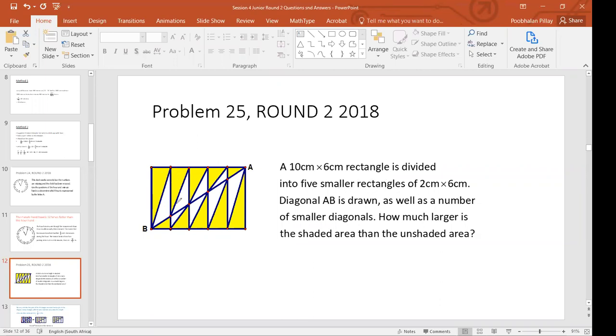Okay, you can see here it is, all the divisions along the length, 1, 2, 3, 4, 5, and you got smaller rectangles. Now obviously it's 10 centimeters by 6, so this is 6 here, and this whole thing is 10, so each of these is 2.